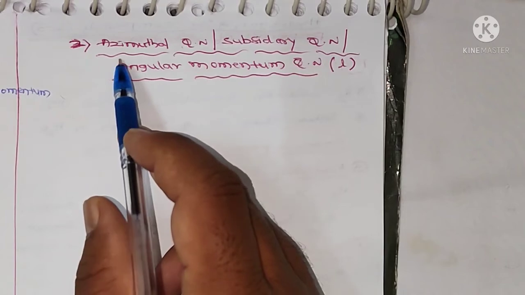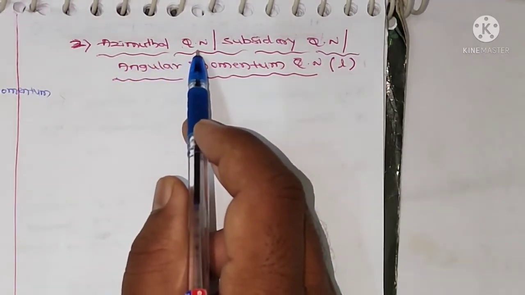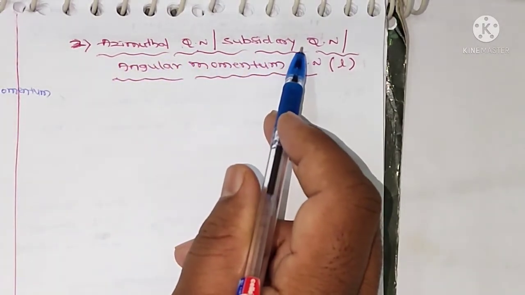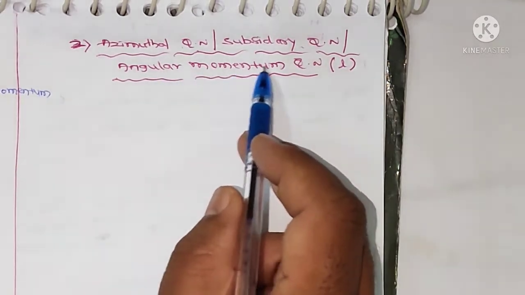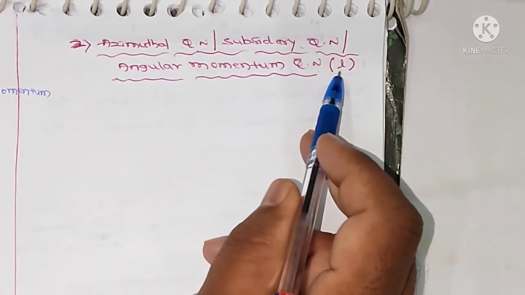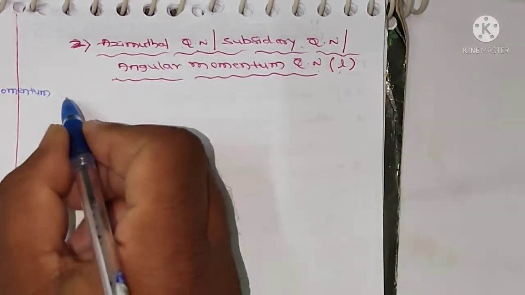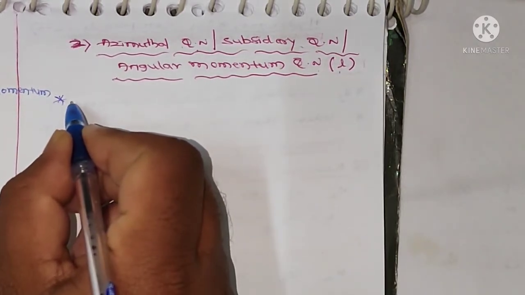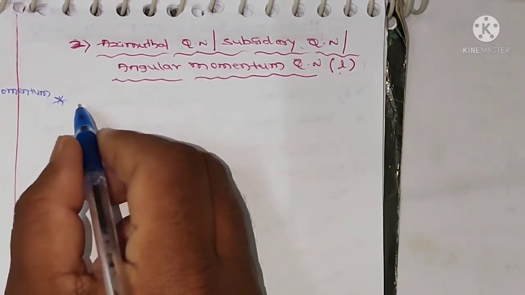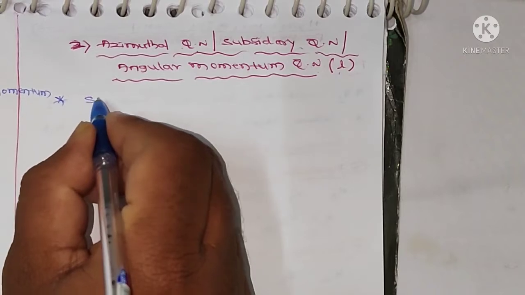Next, the second one, azimuthal quantum number or subsidiary quantum number or angular momentum quantum number. It is represented by small l, and this quantum number was proposed by Sommerfeld.